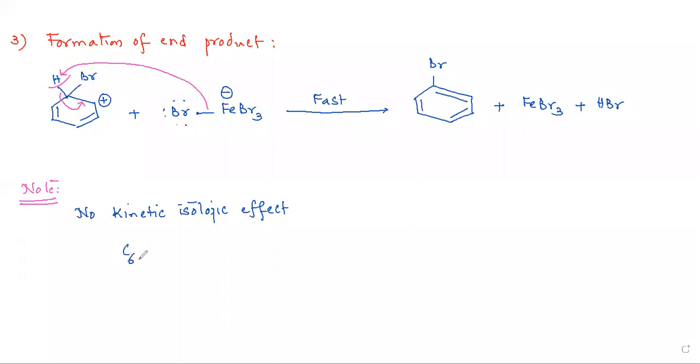So we don't observe kinetic isotopic effect. That means even if you go for deuterium or tritium in place of hydrogen, that doesn't make any difference as far as the rate is concerned. Very important.